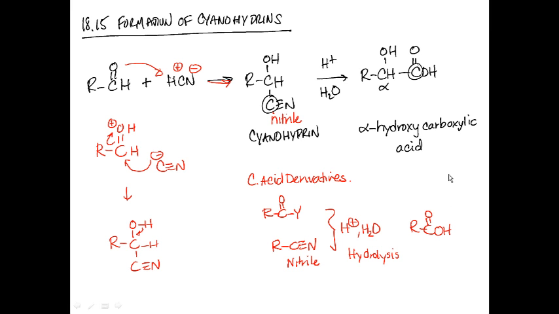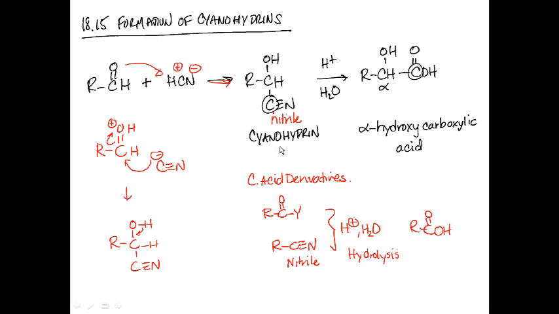That is the definition of a carboxylic acid derivative, something that when it undergoes hydrolysis forms a carboxylic acid. And by definition, a nitrile will also undergo hydrolysis to form a carboxylic acid. And we'll get into the mechanism of that a little bit later, not in this lecture, but in later ones.